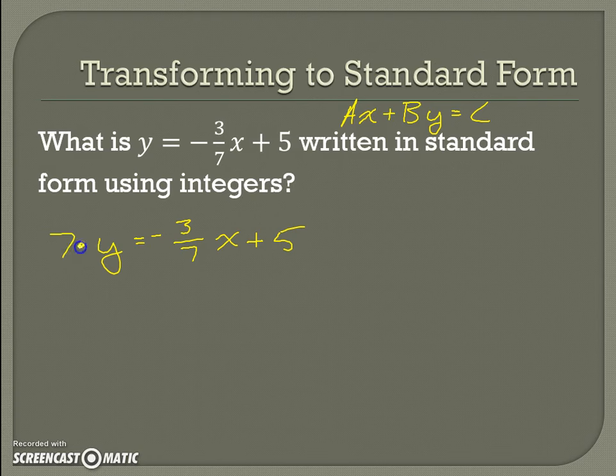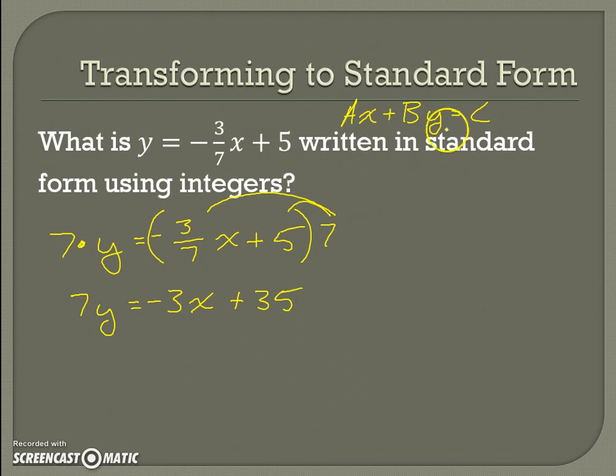So I have 7 times this, and then 7 times all of this. So 7 times y is just 7y equals, this gets distributed. So I have -3/7 times 7 is just -3, and then I keep the x, and then plus 35.